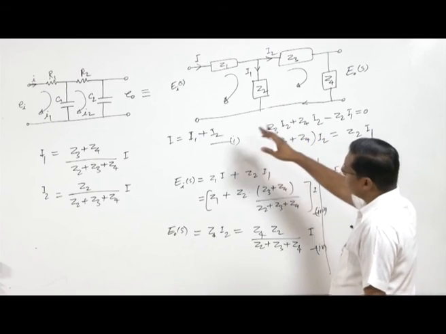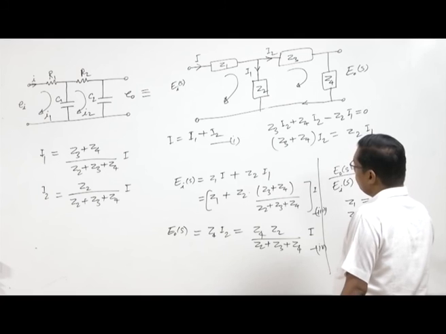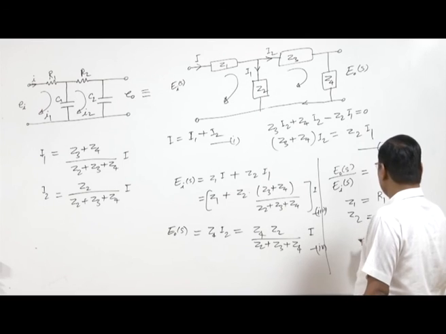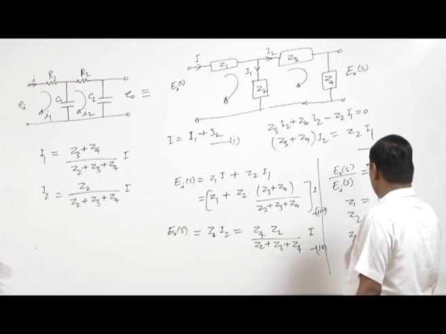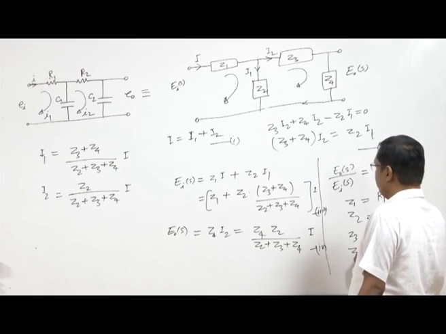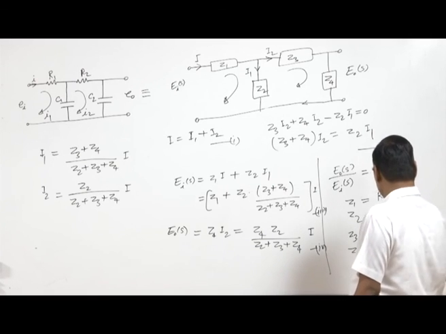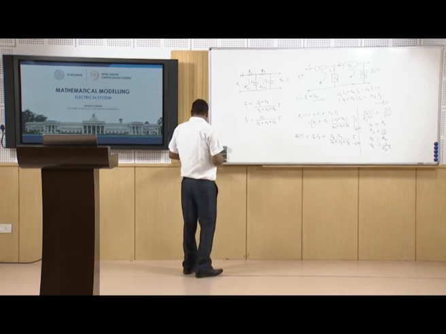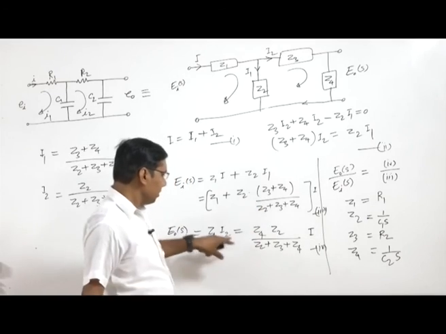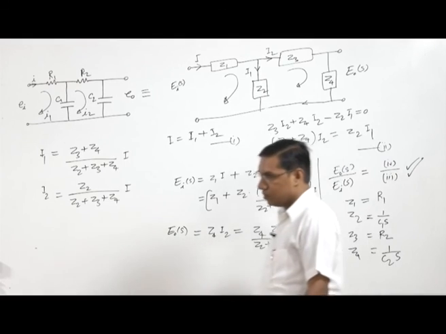So Z1 is a resistor, so the impedance is R1. Z2 is a capacitor, so its impedance is 1 by Cs, and Z3 is a resistor, so its impedance is R2, and Z4 is again a capacitor. So here is C1 and this is C2, and by putting these values on these impedances we can find the transfer function EOS by EIS.